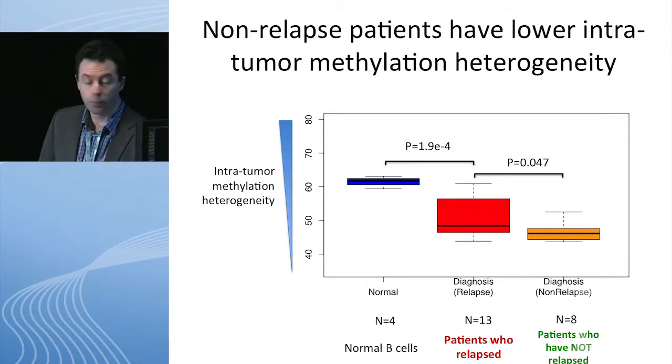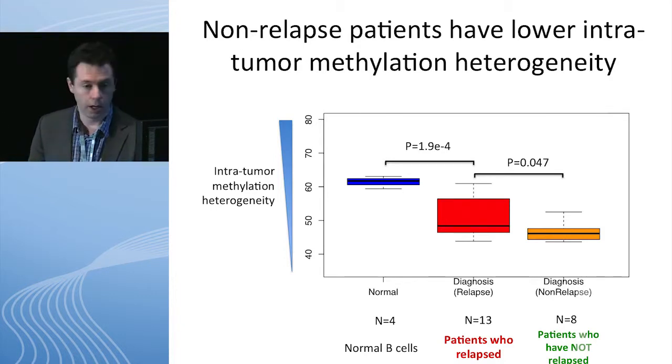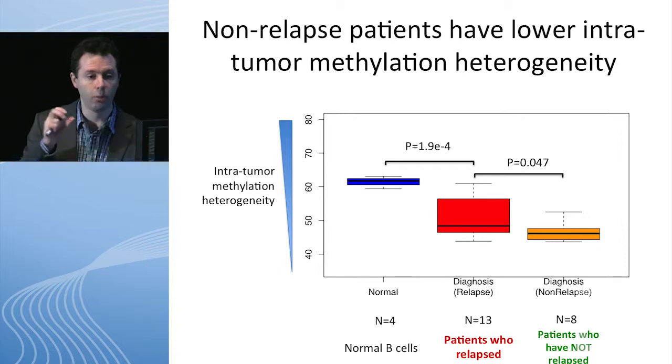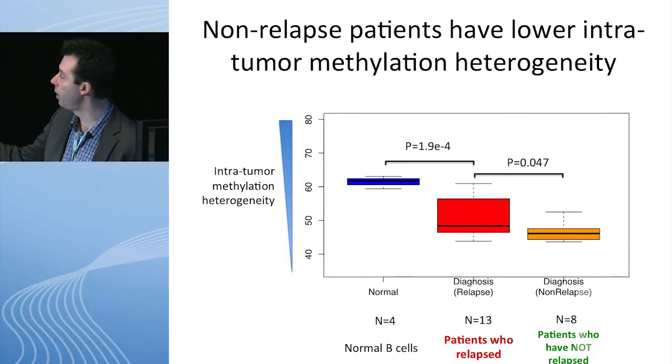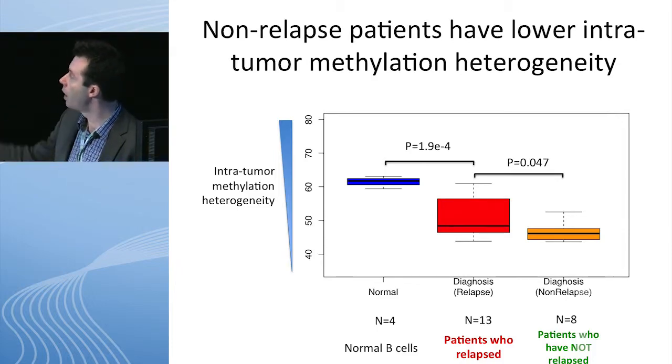But what's interesting, and very preliminary, but I figured I would show these results because we're pretty excited about this, is that when we compare the methylation heterogeneity genome-wide between patients who relapse and patients who have not relapsed several years after treatment, we actually see a small but significant decrease in methylation heterogeneity in patients that don't relapse compared to patients who relapse.